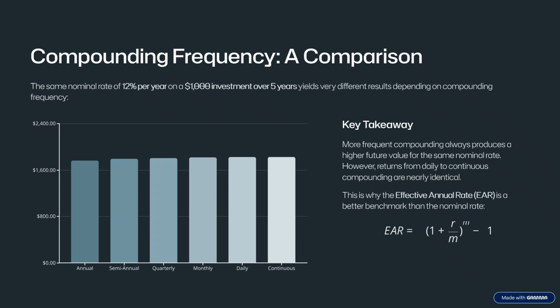So always remember, frequency matters. The same interest rate can give you different results depending on the compounding frequency. Correct? So in this concept, we learn interest is not just about the rate, it is also about how often it is applied, means the frequency. And more frequent compounding increases the growth of money.